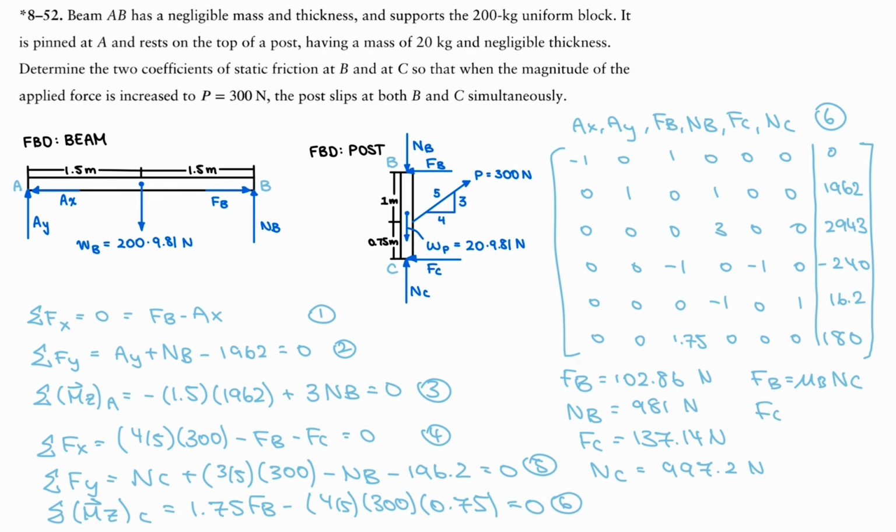Since we know FB and NB, we can solve for mu B, and same for the other equation, and that just gives us 0.105 and 0.138.